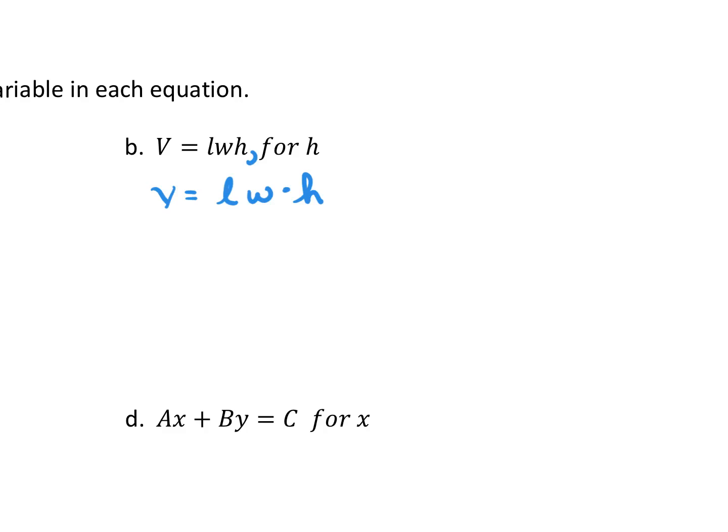And if you want, you can kind of treat this as just one thing. We have LW times H. And to get rid of LW, well, we divide by LW.